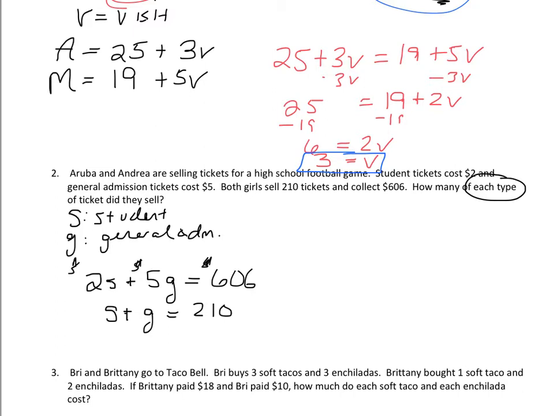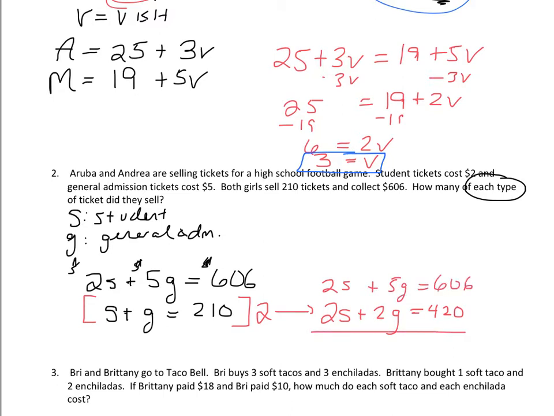So, say I want to eliminate the S. Well, then I'm going to multiply the bottom equation by 2. So that's 2s plus 2g is 420. Copying the other equation over so I can line them up. And now I'm going to subtract.